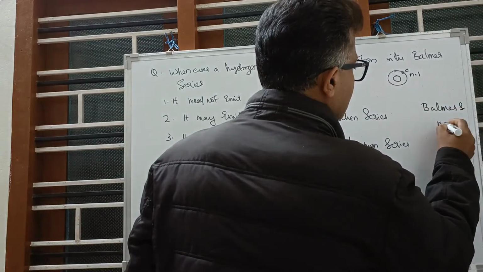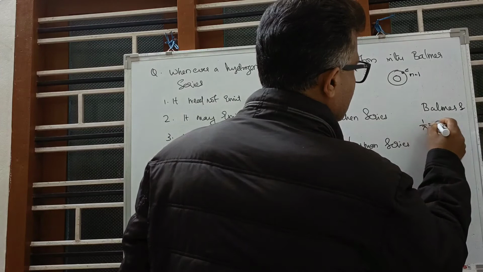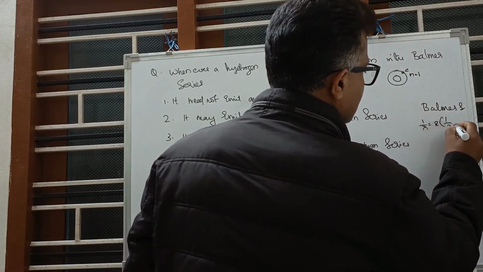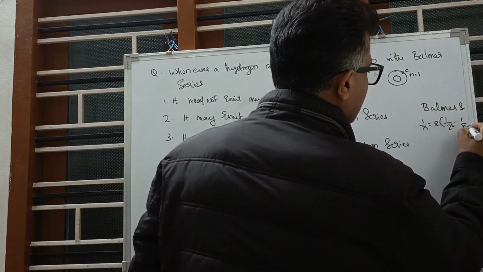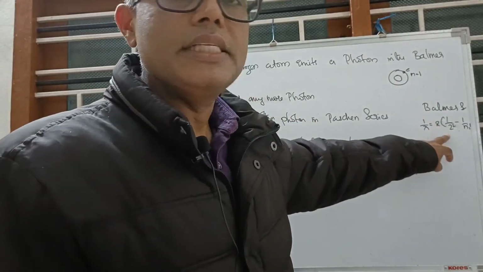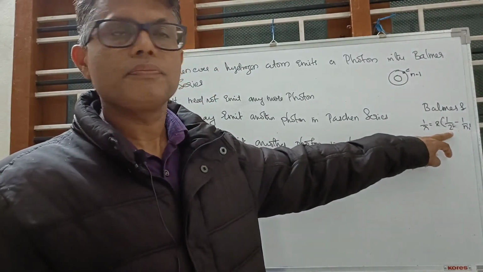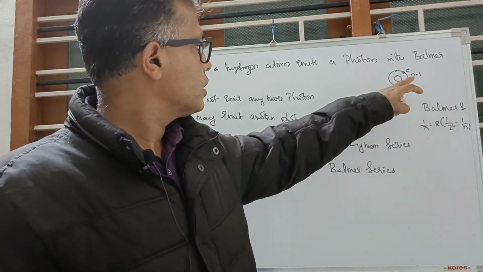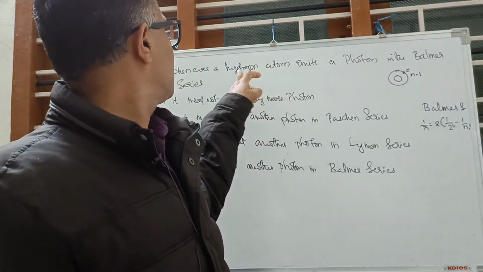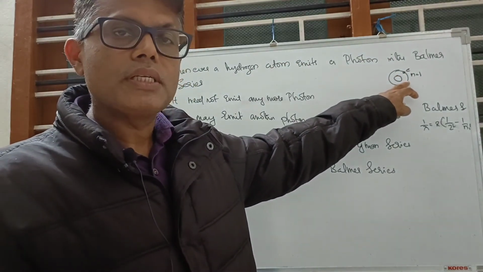It is n equal to 1, 1 by lambda is equal to R into 1 by 2 square minus 1 by ni square. So, Balmer series means the electron is now in the second orbit. Normally, the hydrogen atom's electron is in the base orbit, the ground orbit.